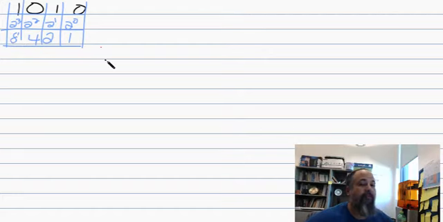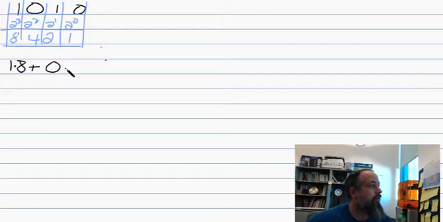So now that we have the values of these places, what that means is 1 times 8 plus 0 times 4 plus 1 times 2 plus 0 times 1.